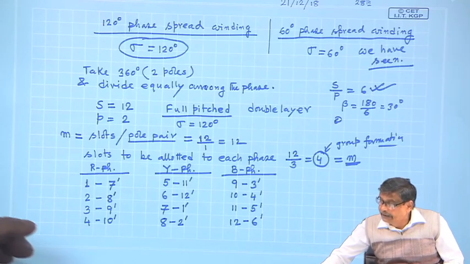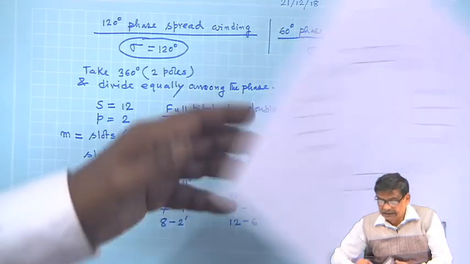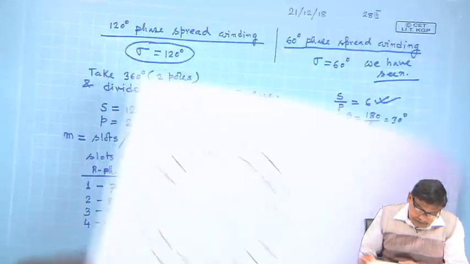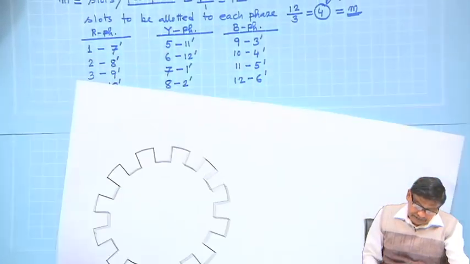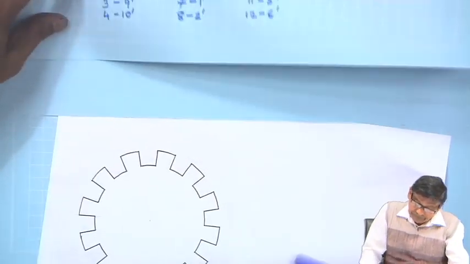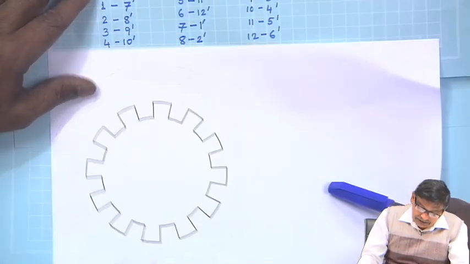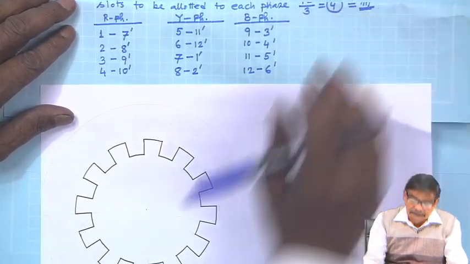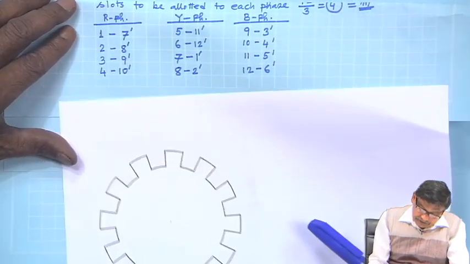So, these will be the windings, and in this case, just looking at it, can you tell it is 12 slots? So, what I am telling is, in this case we do like this, at least one I show, so that you can understand. This is the thing, and suppose these are the slots.